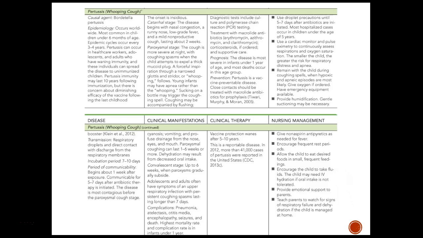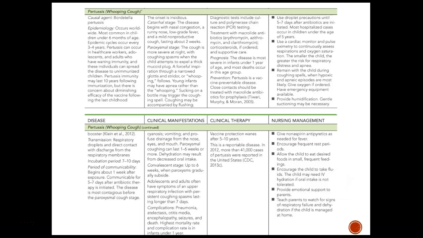Pertussis immunity may last for up to 10 years following their immunization, but there is a concern about the diminishing efficacy of the vaccine. So that's why we always get a history on our pregnant moms now as to whether they have actually had the Tdap vaccine and when was the last time they had it.